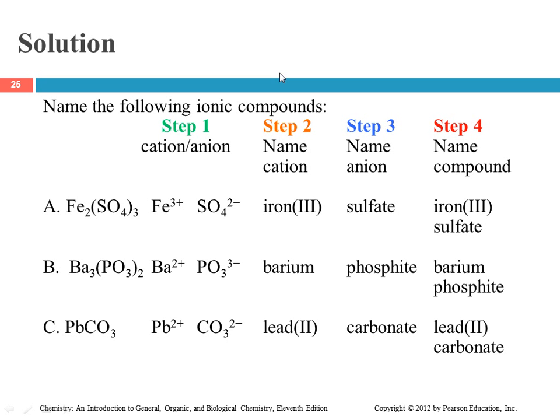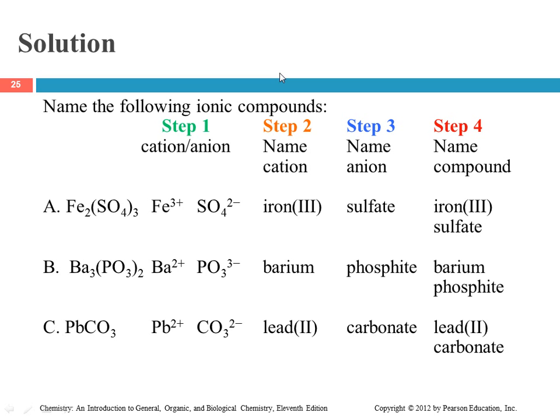Now if we look at A and C, we have to solve for this here, and once we do that, it's pretty easy from that point. We have 2 iron atoms and 3 sulfate ions. Our charge, we go to our list, and we have a 2- charge on sulfate.